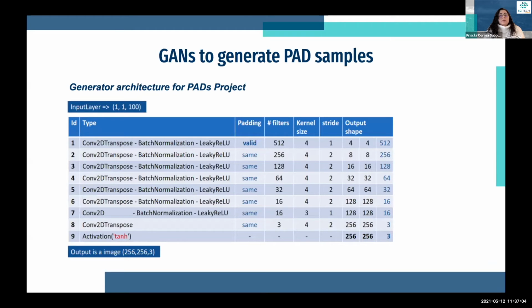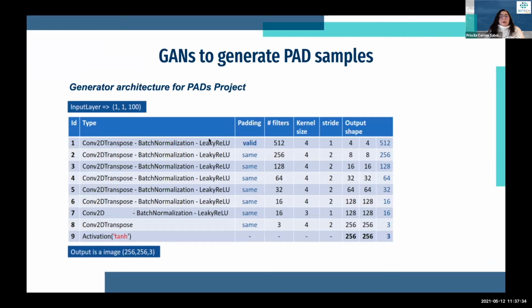So here is the architecture specifically for the PAD project. This is the generator part. So it's a simple architecture, different from StyleGAN 2, that's a very huge one. And the idea is to give a noise. In this case, we are working with 100 numbers, random noise.